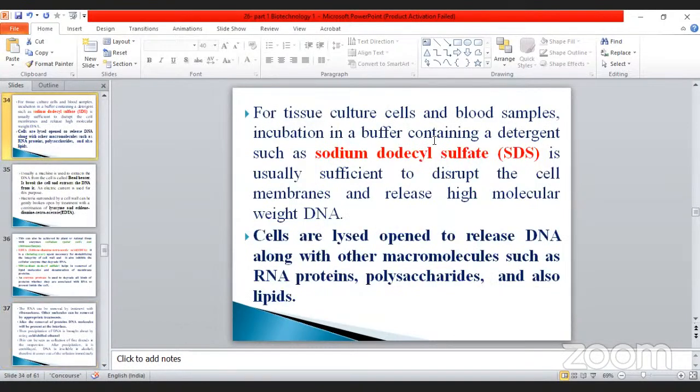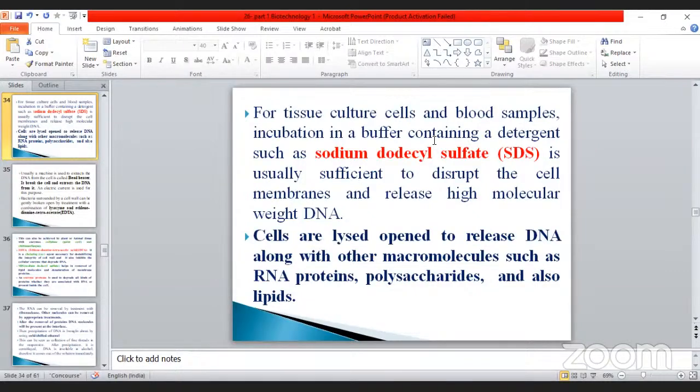And which component do we use after isolating the cells? Sodium dodecyl sulfate, SDS. Then this chemical substance, otherwise called a detergent, is also one of the buffers containing detergent.